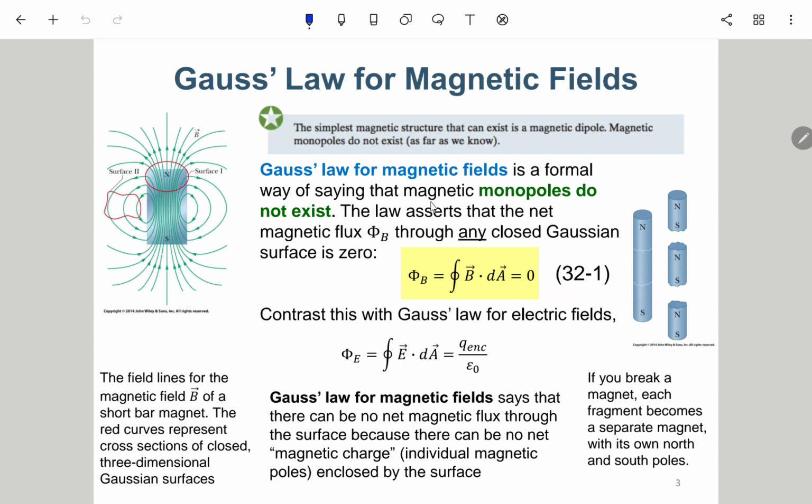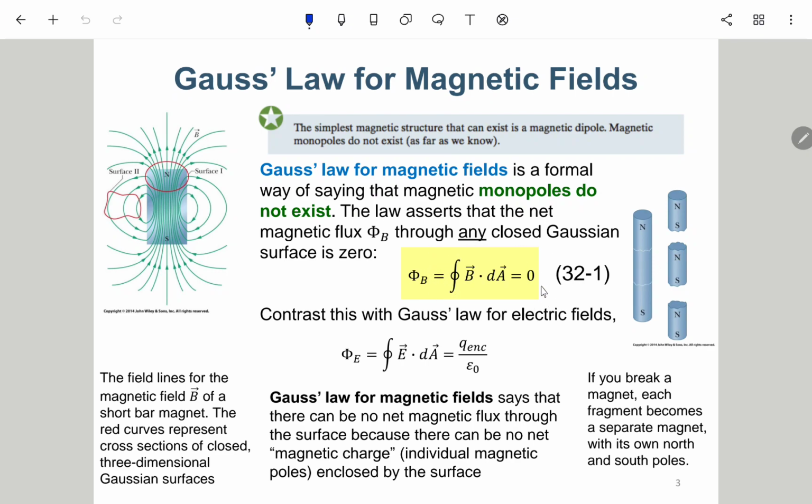As I mentioned before, in the world we don't have magnetic monopoles. Magnetic monopoles do not exist. So this is actually Gauss's law for the B field.